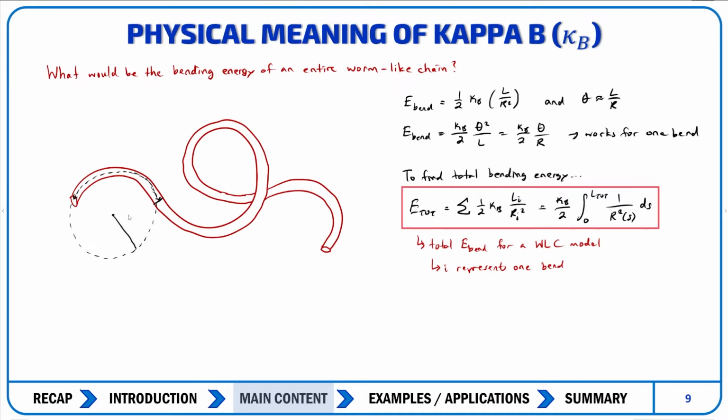And so here we have the radius of A. Let's say this is the first distance A that we're looking at. So that would be the length of A from here all the way to here.